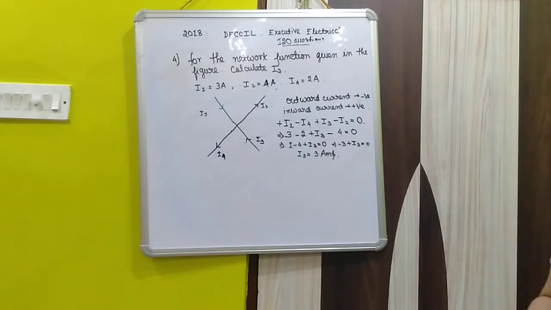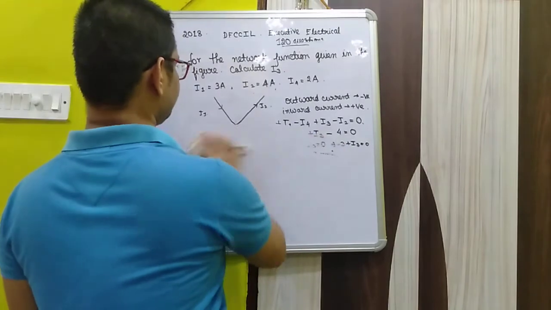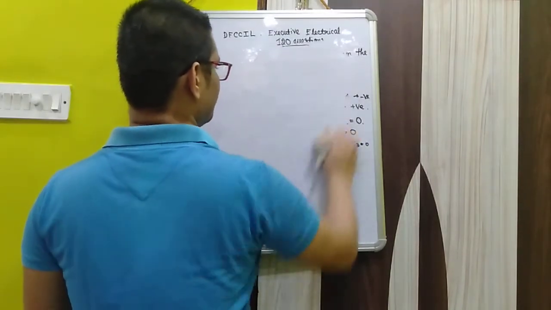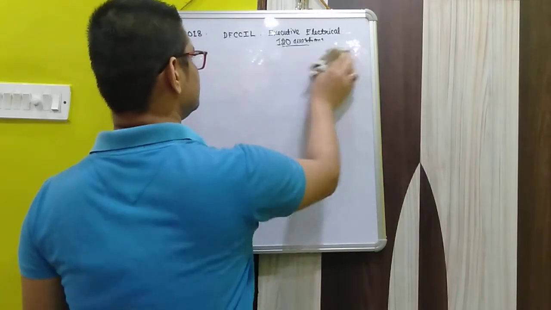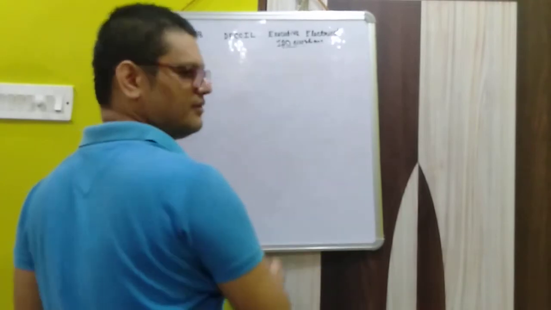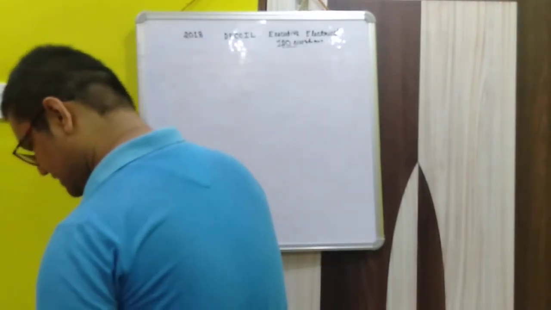Now we go to the next question which came in the examination. It will be the last question of this session. Then we'll go to the next question in our next video. So I'm taking the last question for this session.